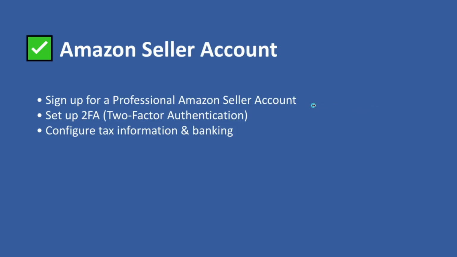Our next step is to set up our Amazon account professionally. Of course, if you have already set up an integration between Apex and your Amazon selling account, you are already on the professional selling plan. Now, when you start out, Amazon will have you choose one of two options, the starter plan or the professional plan.